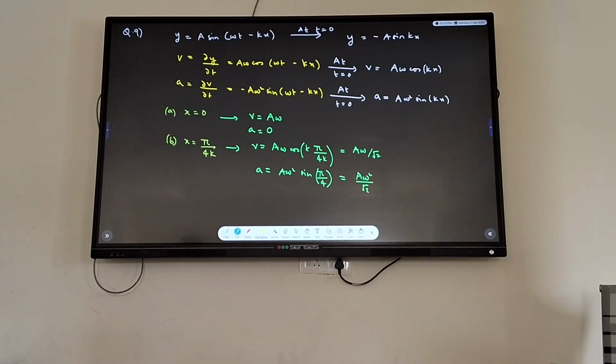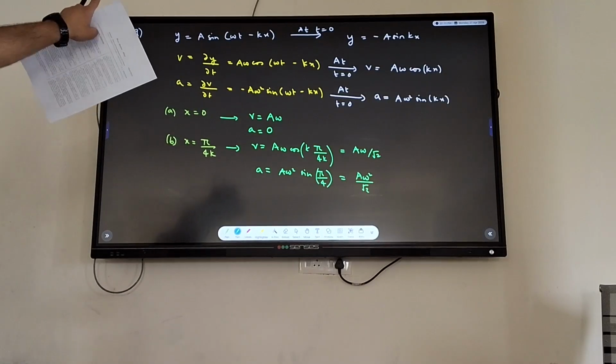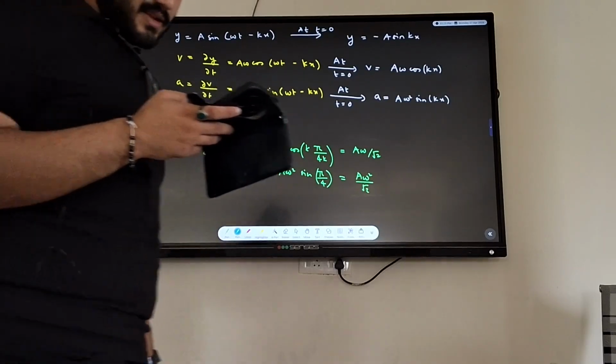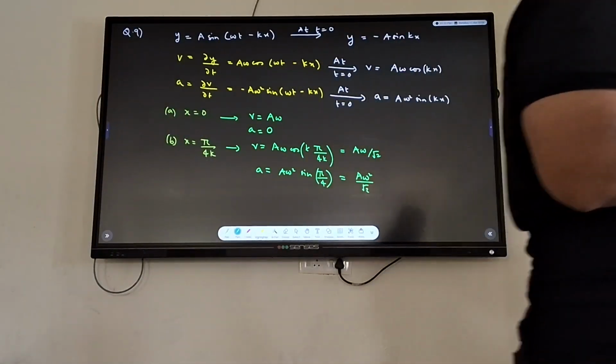Let me check. So question number 9. Yes. So it is moving up now, by the way. When I say positive velocity, moving up, and it is accelerating. C में your velocity is coming out to be 0. Good.